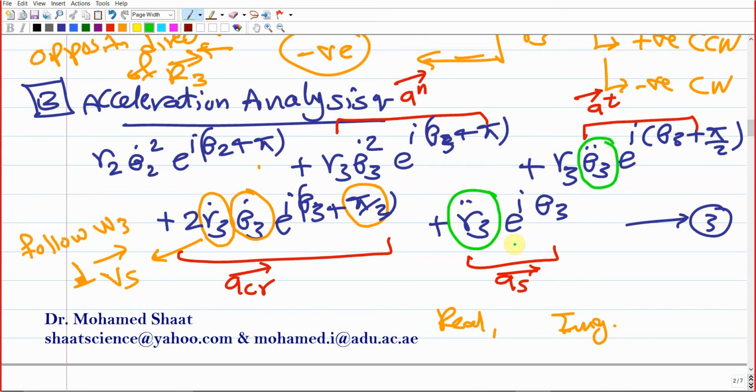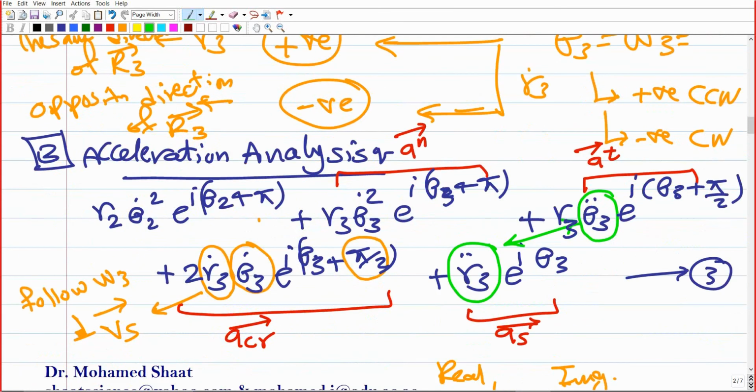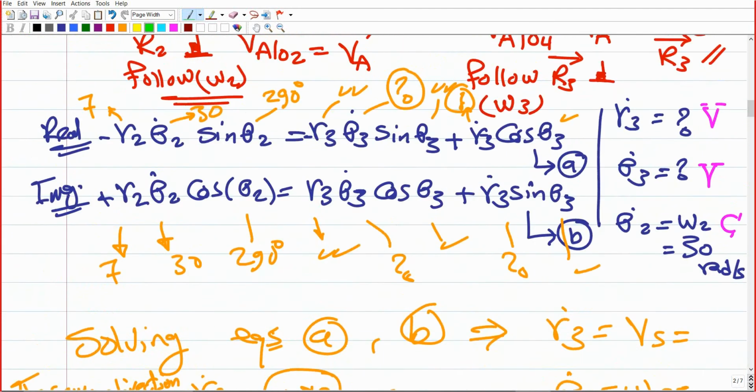After collecting the real terms and the imaginary terms of this equation, you have just two equations and two unknowns. Solving these two equations for the two unknowns, you are already done with this problem. Make sense?